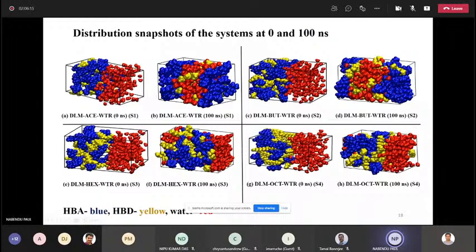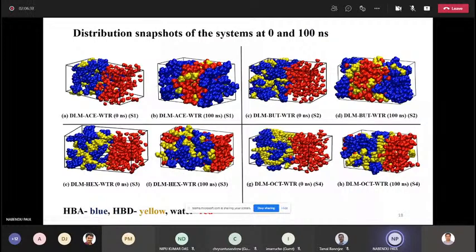Here the HBD is mainly interacting with the water, but the extent of interaction is decreasing from acetic acid to hexanoic acid. When we observe the octanoic acid water system, we found that the water is in a separate phase after 100 nanoseconds of simulation run.